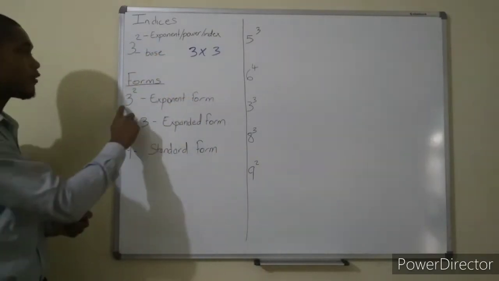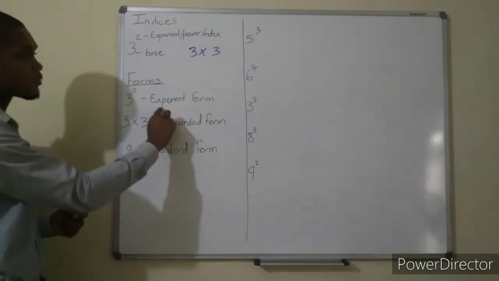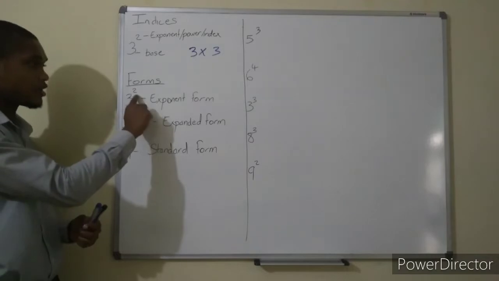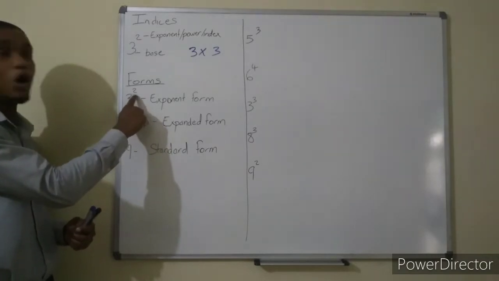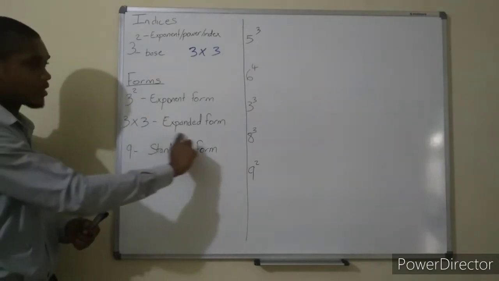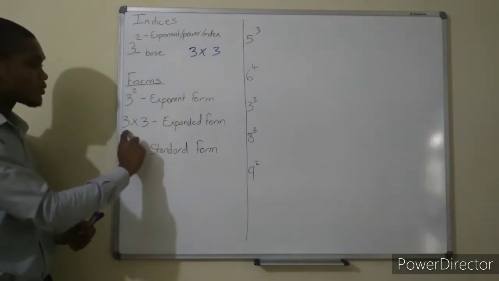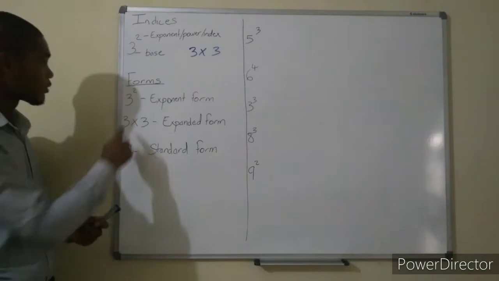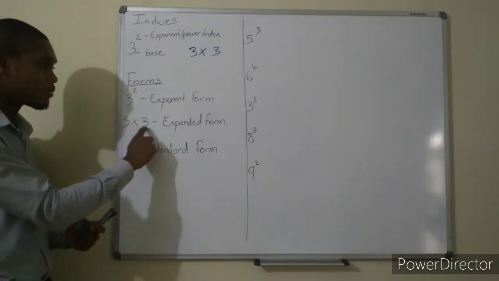Now, the forms. So you have the exponent form, because in this case, you have the 3 and you have an exponent value or a power value. Expanded form is when you write out what the exponent form means. So this is 3 squared, so it means 3 times 3.